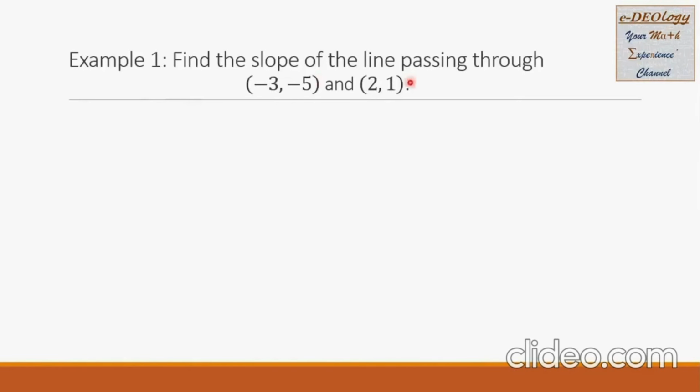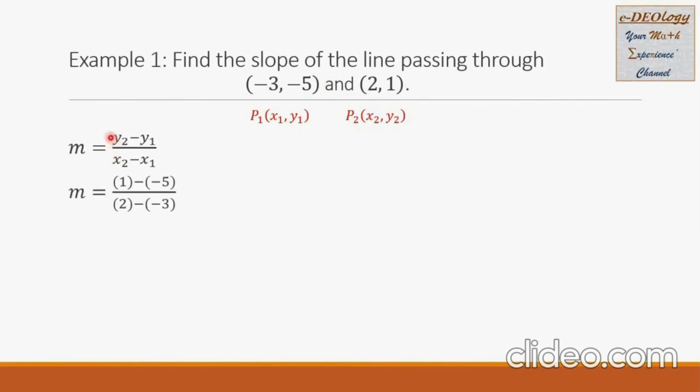Find the slope of the line passing through (-3, -5) and (2, 1). Let us assign the first point to be P sub 1 and the second point to be P sub 2. Then we will write the formula of the slope here. Let us collect the values from P sub 1 and P sub 2 respectively.